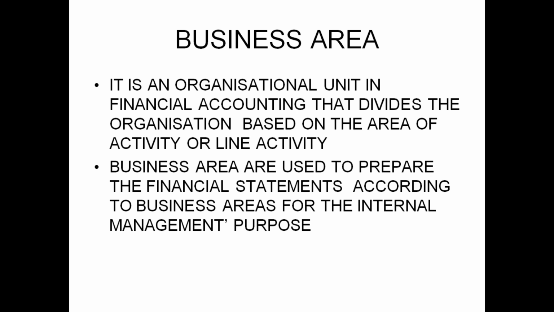The company code we use for external reporting, whereas the business area is for internal reporting. Internal reporting to whom? To the senior management for performance analysis and the decision making process.